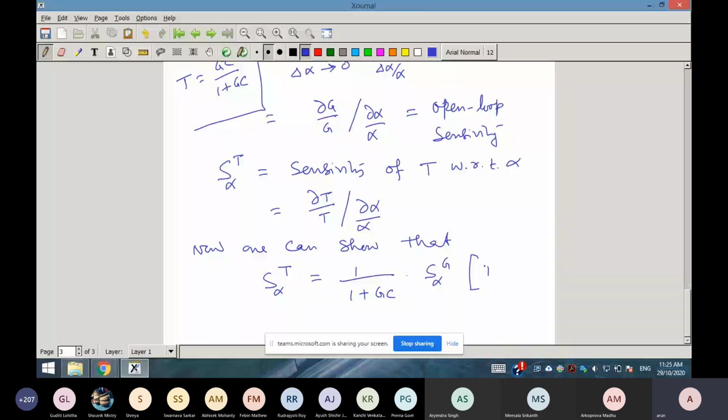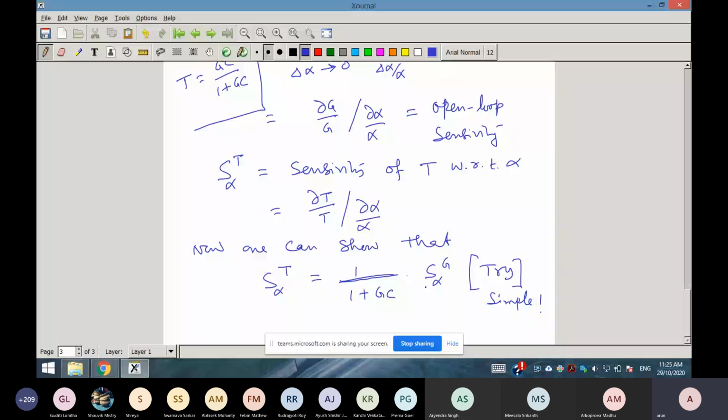So the relation I wanted to say is: closed loop sensitivity equals 1 by 1 plus GC into open loop sensitivity.